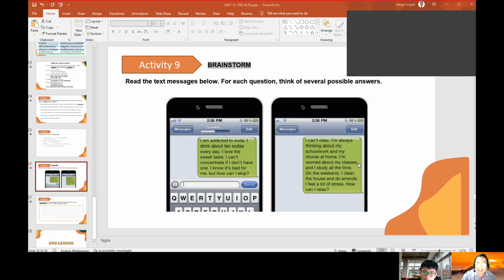Just make a plan that is suited to the needs of this particular person, because he or she does a lot of things. Look at this one. I clean the house and do errands. I feel a lot of stress. How can I relax? See? And then she's studying. So it's very stressful if she is not going to make a proper plan for that.